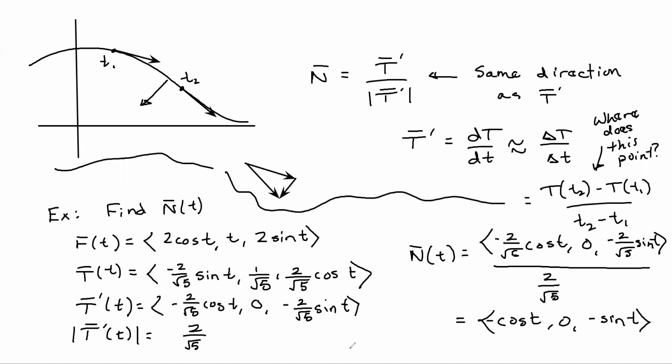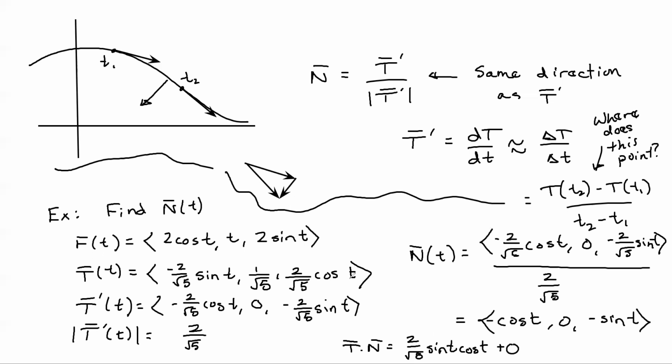The last thing that you can do, if you want, is check: did this work? Did we end up producing a vector that is orthogonal to the unit tangent? Well, you can just take the dot product. Here's the unit tangent, here's our unit normal. What do we get? Negative 2 over root 5 sine t times negative cosine t gives 2 over root 5 sine t cosine t. Then 1 over root 5 times 0, so plus 0.